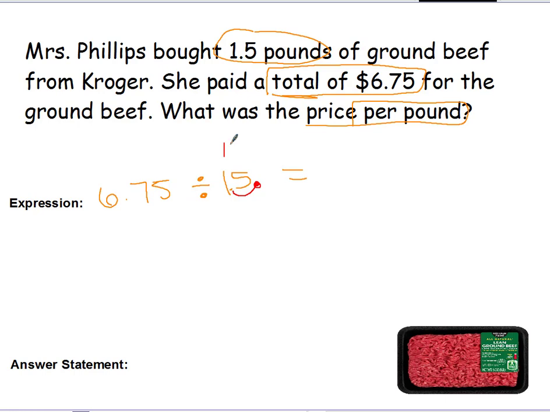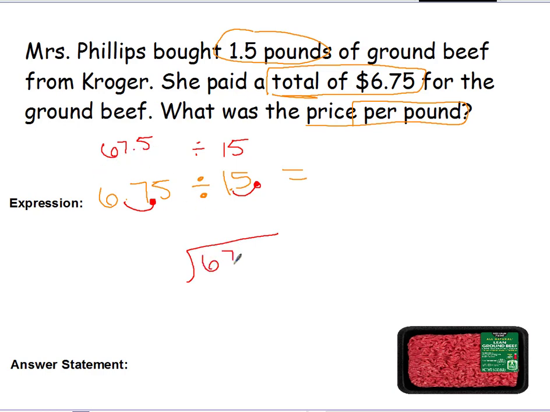If I move this to the right, now I have a 15. Since I moved it once in my divisor, I have to do the same thing to my dividend. I move it once and place it between the 7 and the 5. So now I have 67.5.